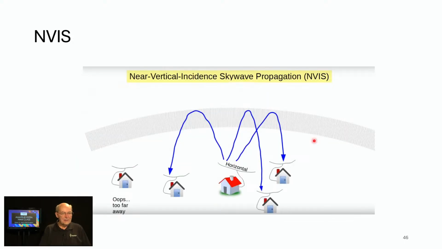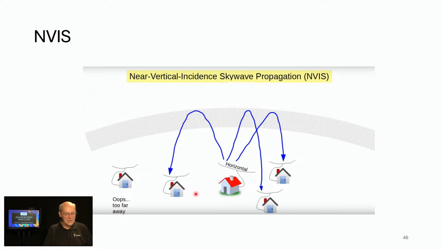There are no pool questions about this, but it's something useful to know about. It's called NVIS, some people call it NIVIS, Near Vertical Incidence Skywave Propagation. Let's say you live in a mountainous area like Dave Kessler does, and it's difficult to make contacts with people on the other side of the mountain.